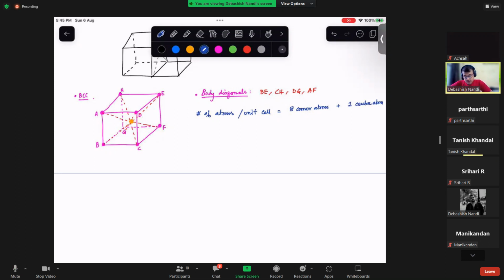So for the 8 corner atoms, what is the share of one atom? 1 over 8. And what is the center atom's share? 1 over what? See, again, the question is that there is one atom at the center of the cube. So that atom is being shared by how many unit cells?